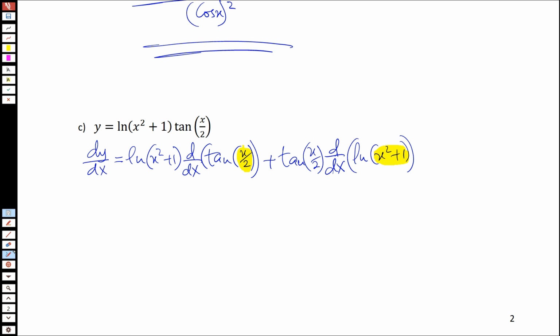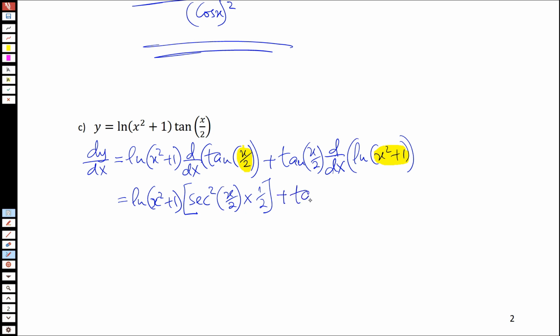So the first case will be equal to ln of x squared plus 1 multiplied by, now the derivative of tan is secant squared, so this will be secant squared of x over 2, and then the derivative of x over 2 is a half, because you have to do outside and then inside.